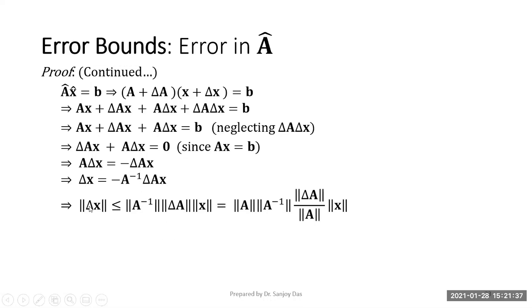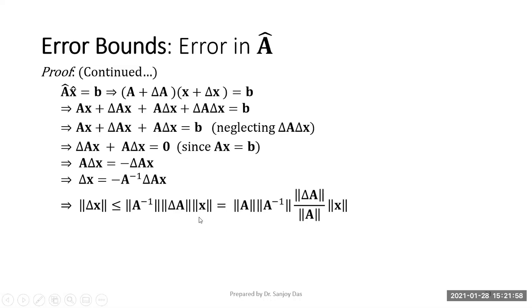And since we're taking norms, you can drop the negative sign. Norm of A inverse times the norm of delta A times the norm of X. So this is what I have.